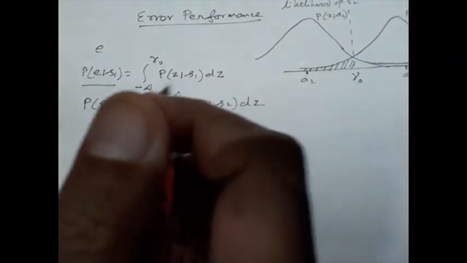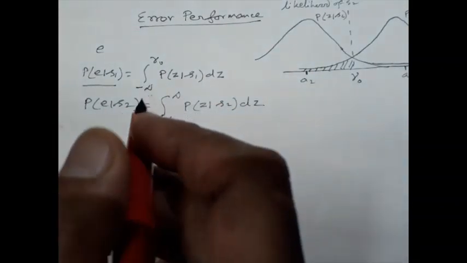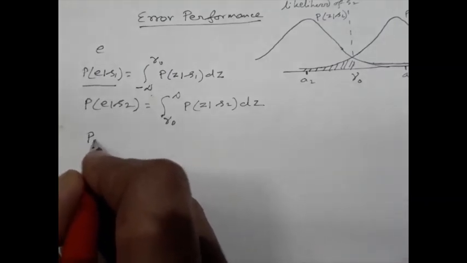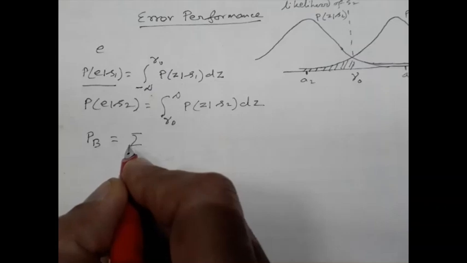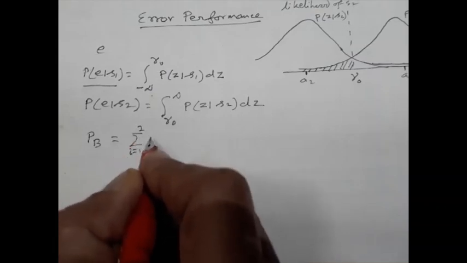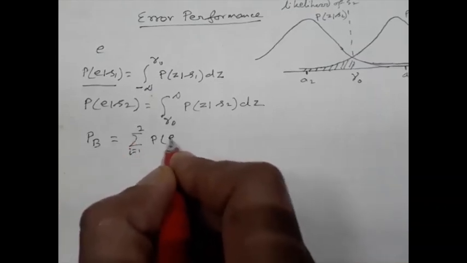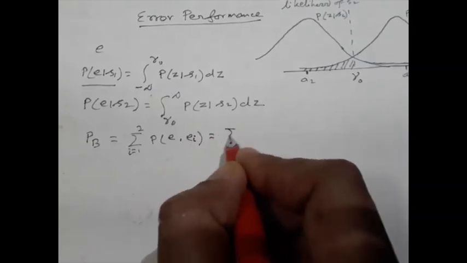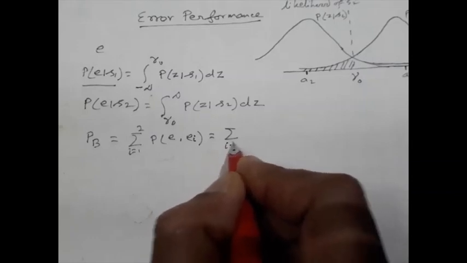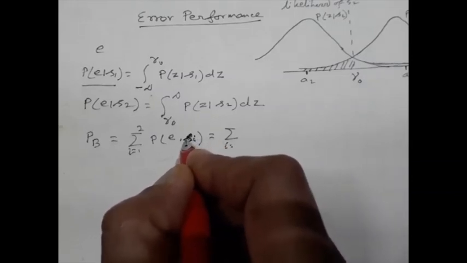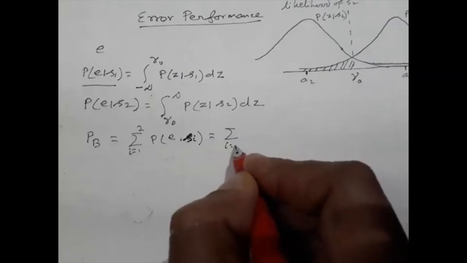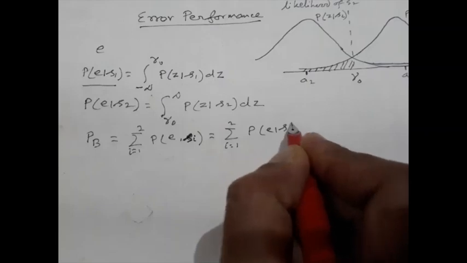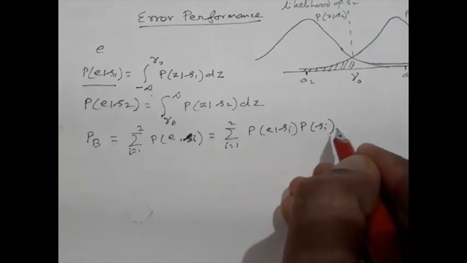For the binary case, we can express the probability of bit error as P_B, the summation of these two, that is equal to the sum over i of P(E given Si) P(Si).